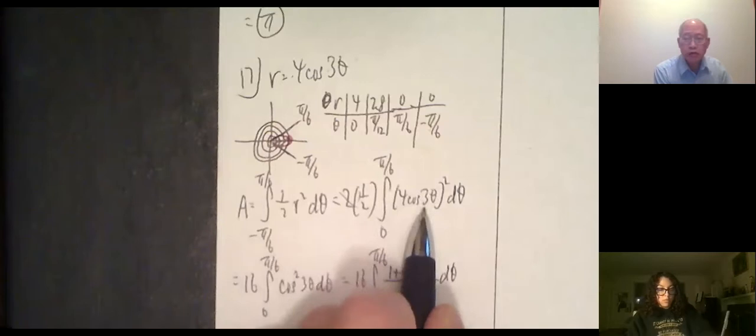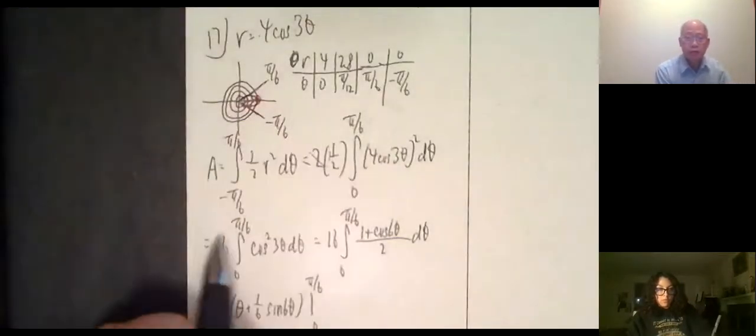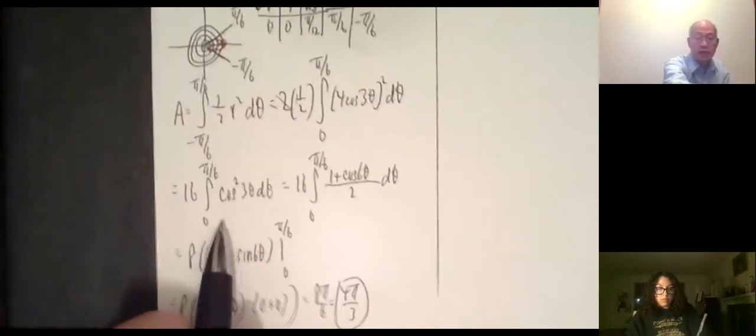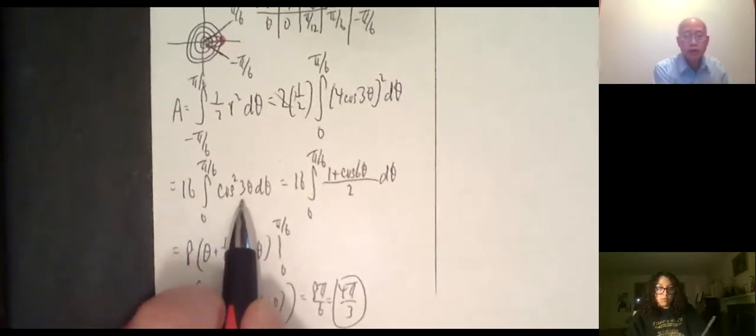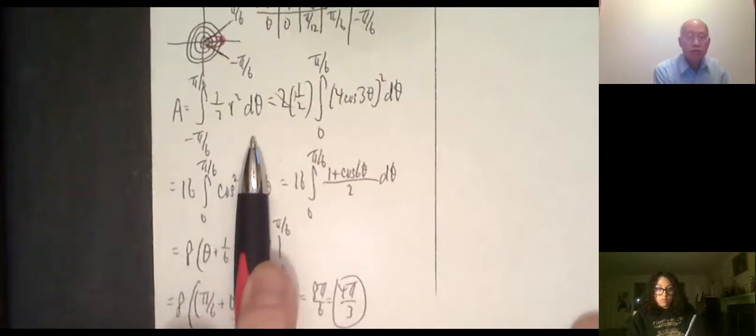4 cosine of 3 theta squared. 4 squared is 16. And then I have cosine squared 3 theta. So I use the identity for cosine squared: cosine squared of x is 1 plus cosine 2x over 2.